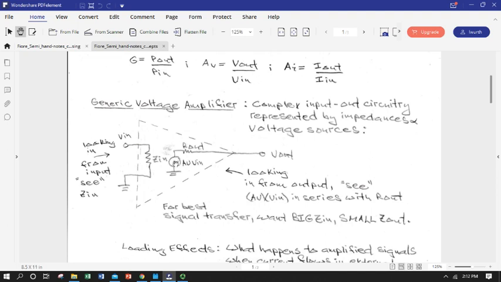And then it sees a voltage source, a sinusoidal voltage source in this case. And that voltage source has an amplitude that is related to the input by definition, and it's related by the voltage gain, A sub V, right up here. And that pretty much represents the whole complex circuit.